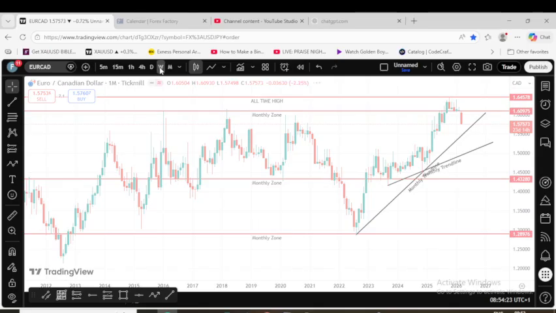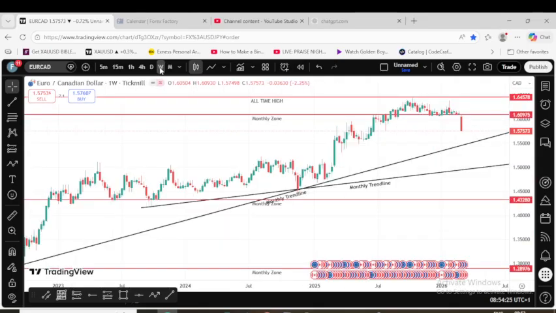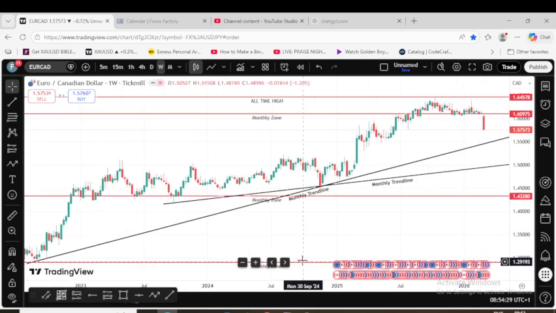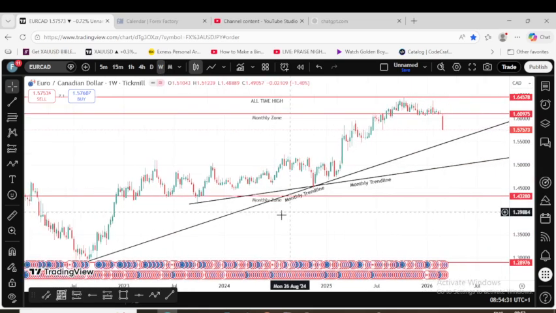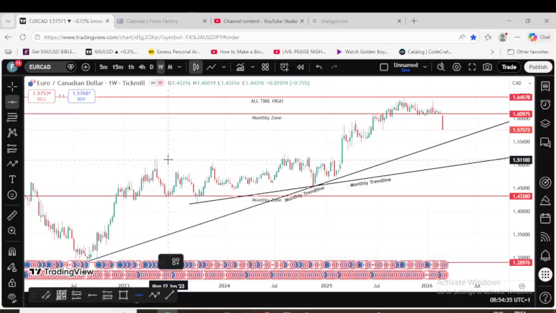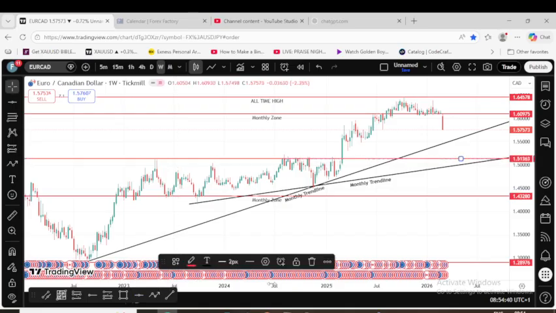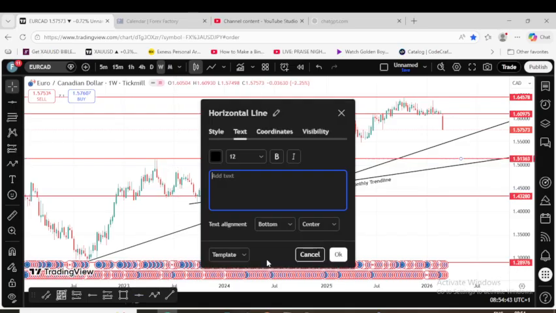Now we'll go down to the 1 week time frame and we'll do the same thing again, which is we'll identify our zones, then we'll identify our trend lines. So on the 1 week time frame, we have a zone here. Let's lift it a bit more. This is our weekly zone.